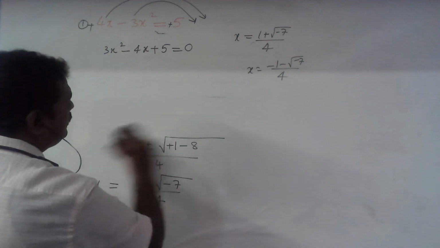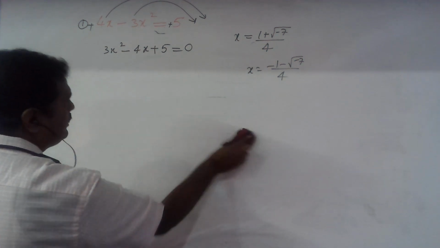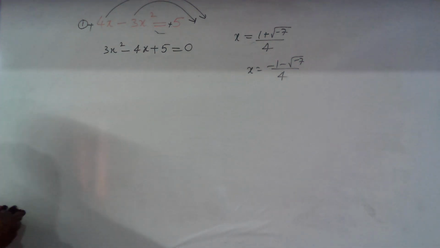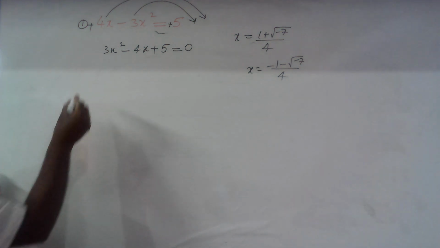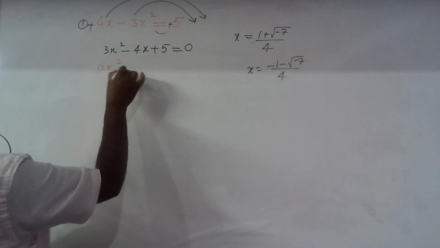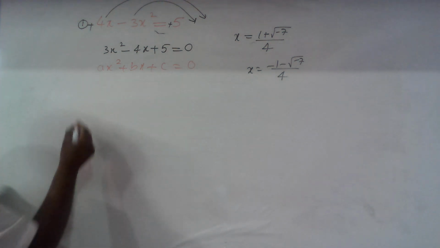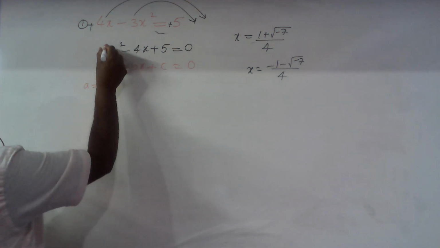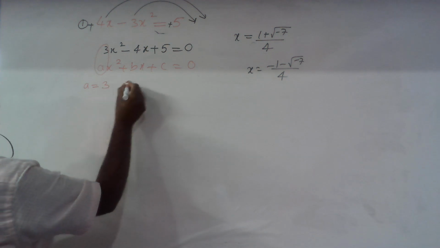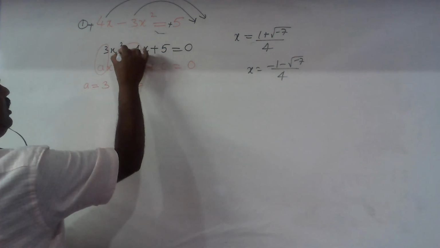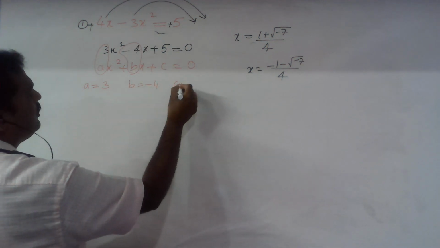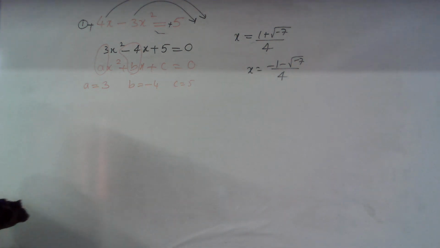Now once you get the equation in the standard form, compare this to the standard form of the equation ax square plus bx plus c equal to 0. Now find the values. The a value is 3 and the b value is, along with the sign you have to take, minus 4, and the c value is equal to 5.